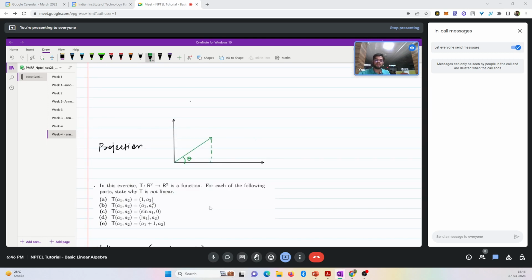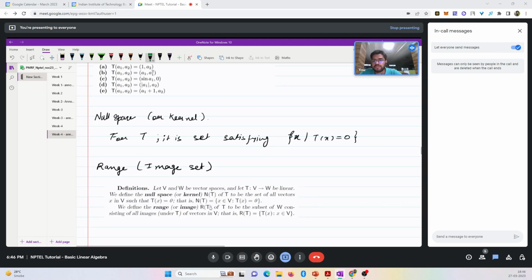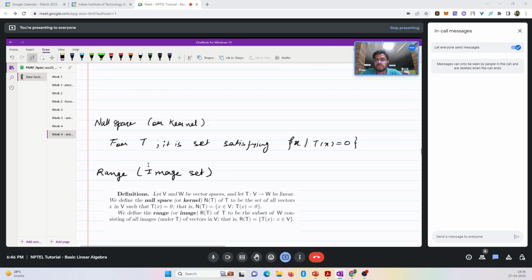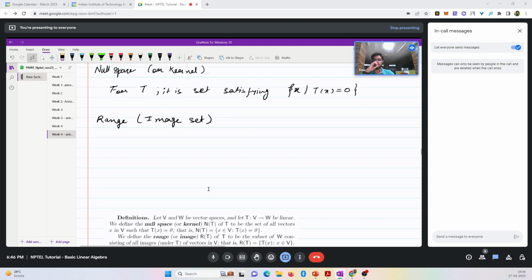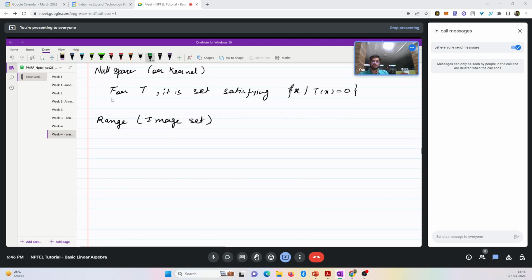The next one is something called projection, which is also a linear transformation. We'll move to something called null space and range space. You have already done this with respect to matrices. So in a matrix, let's say you have matrix A, then null space of A was nothing but the set of vectors x such that Ax is equal to 0.